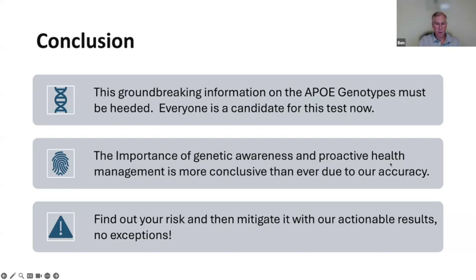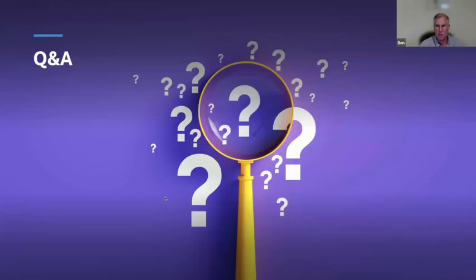The thing that we know is that these lifestyle modifications, including exercise, nutrients, dietary recommendations like fish oil and cruciferous vegetables, have a positive impact. So find out your risk and then mitigate it with our actual results, no exceptions. Any questions?